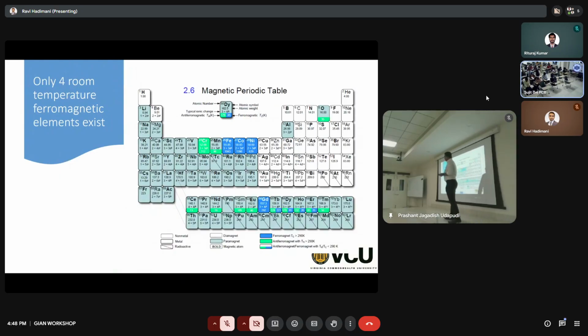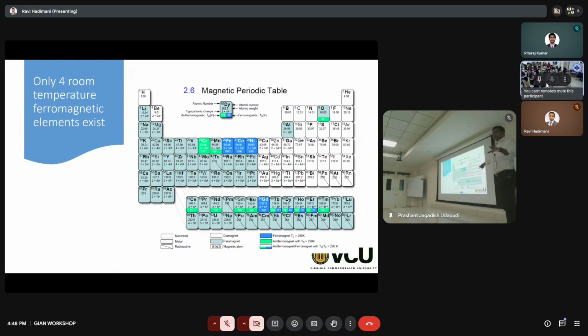I said that wherever unpaired spins are there should give a magnetic material, right? So how many ferromagnetic elements are there in the periodic table? We have 118 elements, right? Not all 118 are shown here; 104 should come here, up to 118.